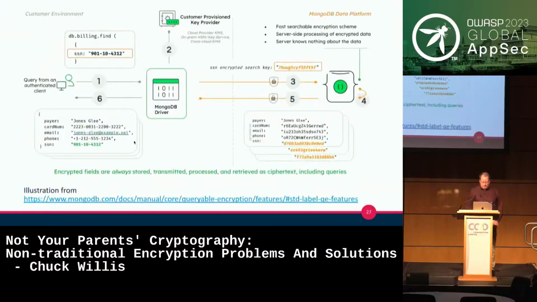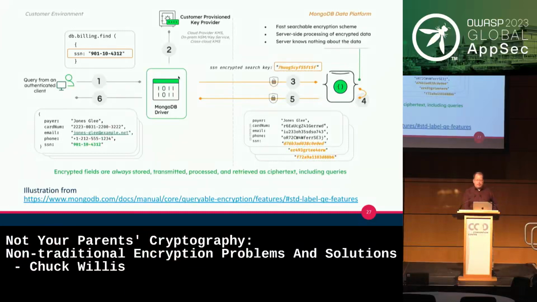The gist of how that works is that, again, all the encryption is happening on the client side. This MongoDB driver can interface with standard KMSs as well, so it doesn't necessarily need to be entirely their key material that's being used.